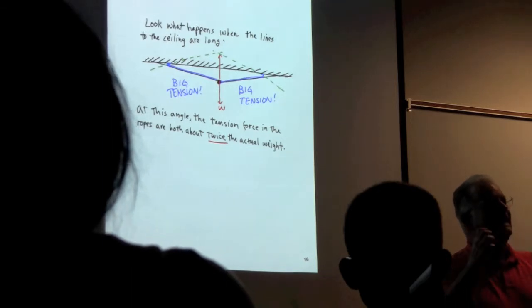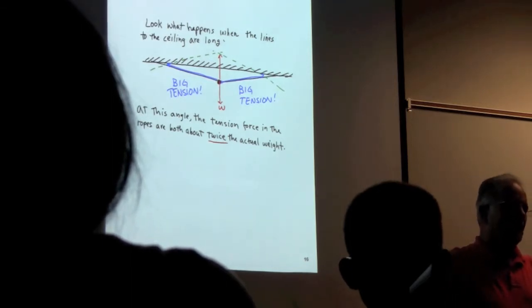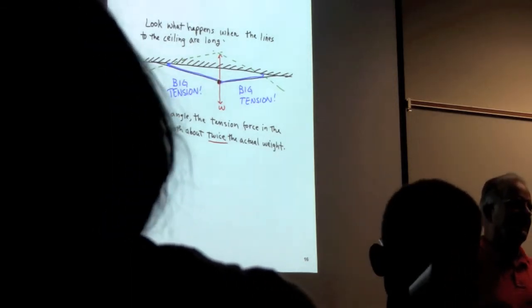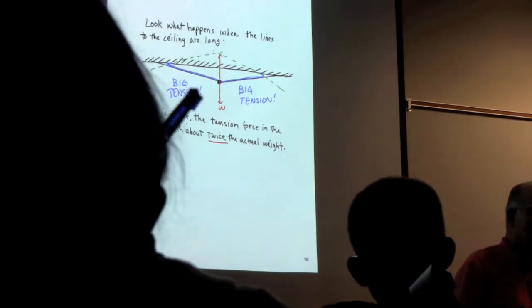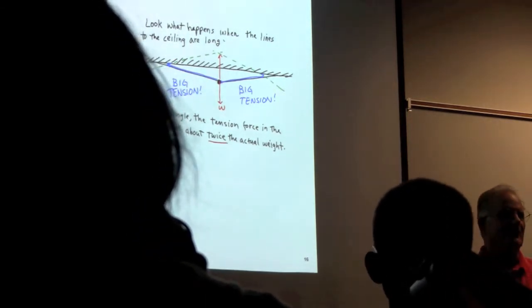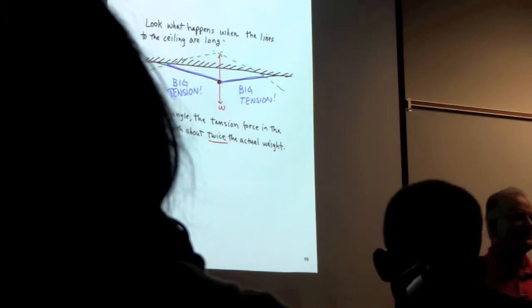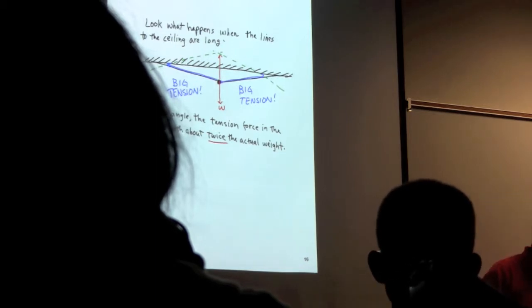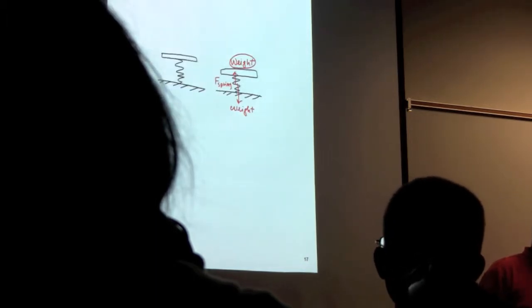To support that, it's going to take a tremendous amount of force in the length of the cable. It's just one of those things that's hard to believe. So maybe you want to try that yourself sometime. All right. Well, this is about springs.